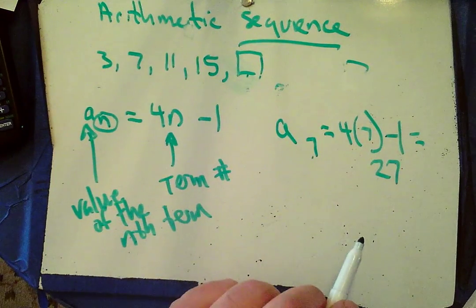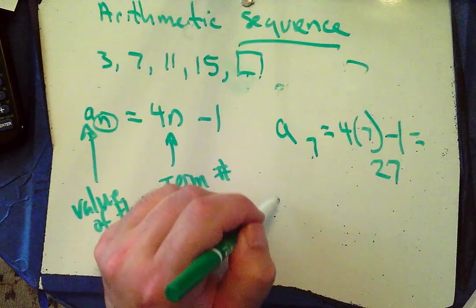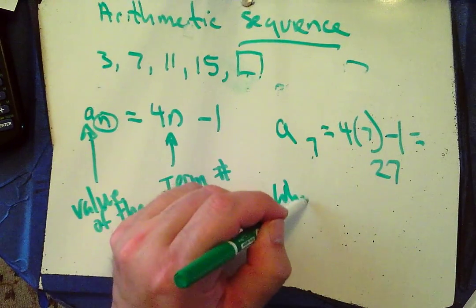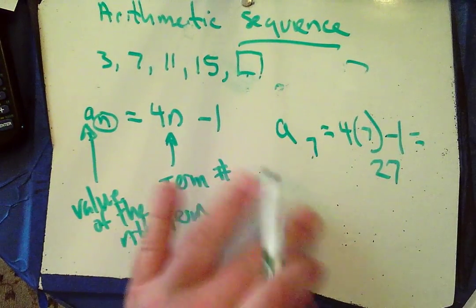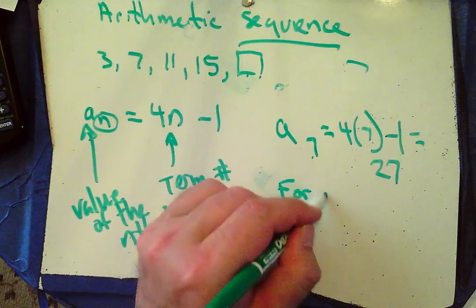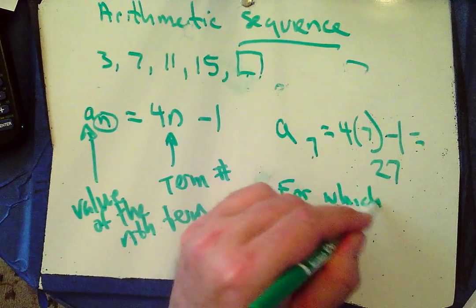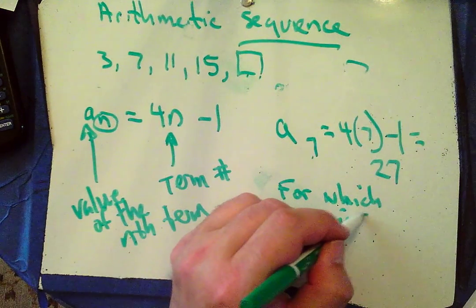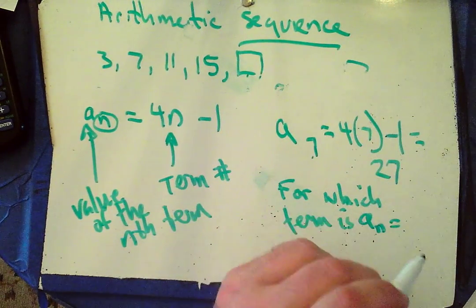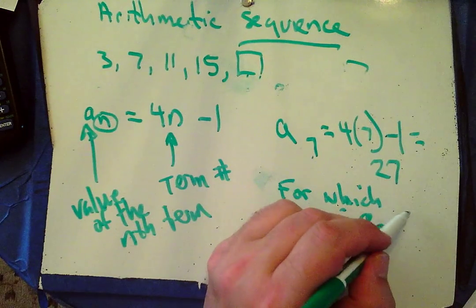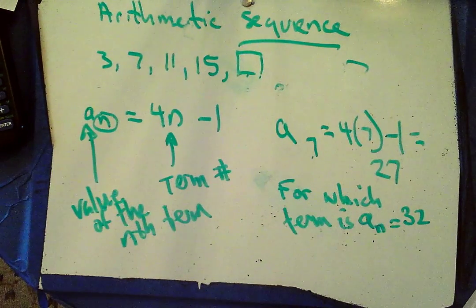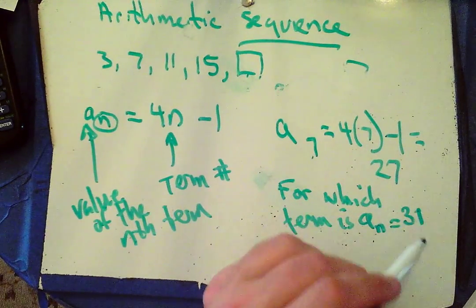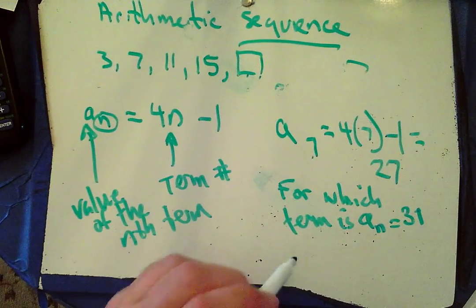This is different than asking the question, for which term is a sub n equal to 31?